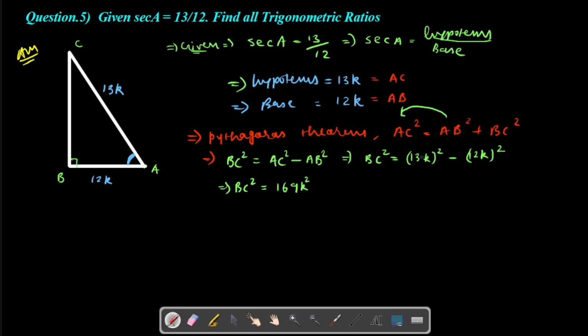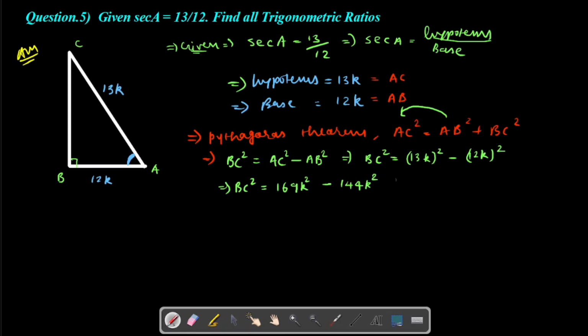We split these squares: 13 square into k square is 169 k square, minus 12 square, which is 144, and k is an unknown variable, so we write k square.